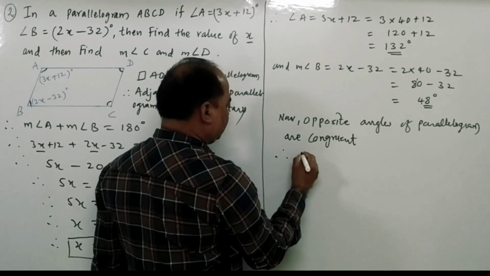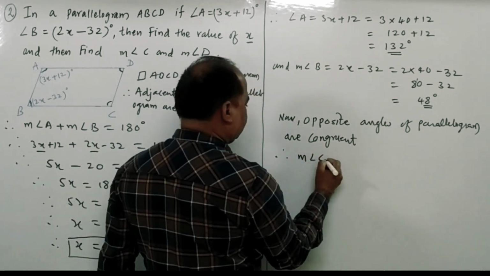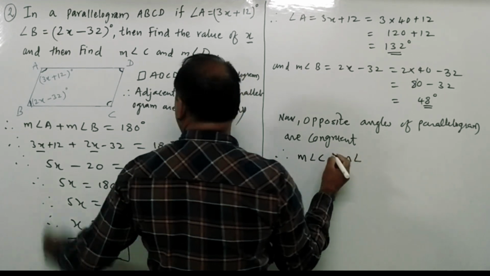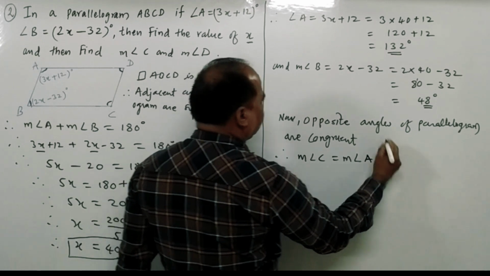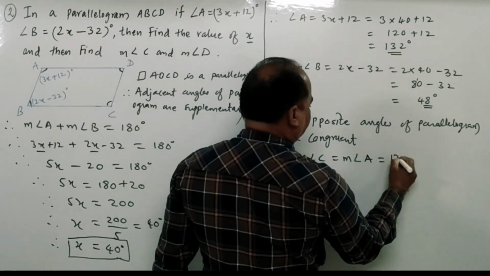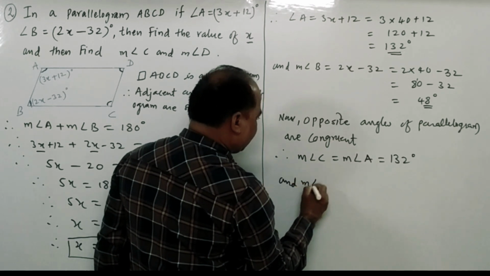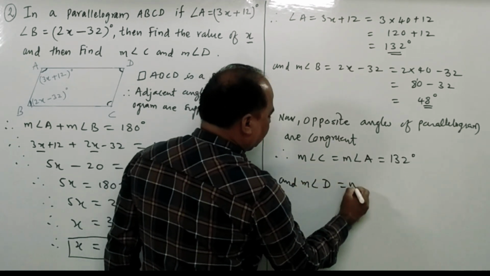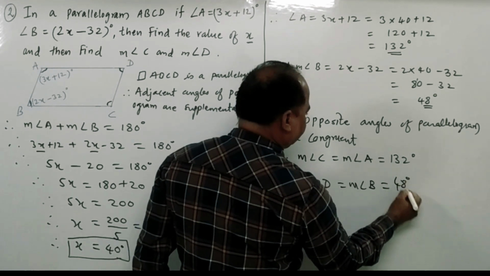Therefore, measure angle C is equal to measure angle A, which is equal to 132 degrees, and measure angle D is equal to measure angle B, which is equal to 48 degrees.